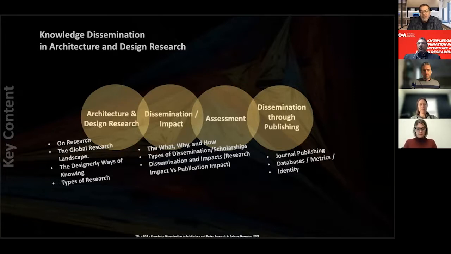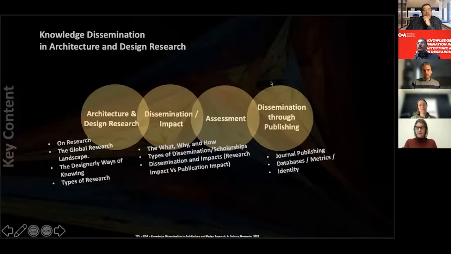The talk is structured in three key components. The first is about architecture and design research, where key issues related to research and knowledge typologies are highlighted. The second part is about dissemination, impact, and assessment, where key points related to planning for dissemination are covered.